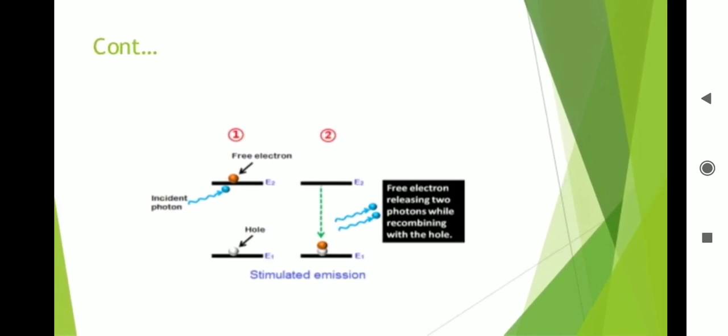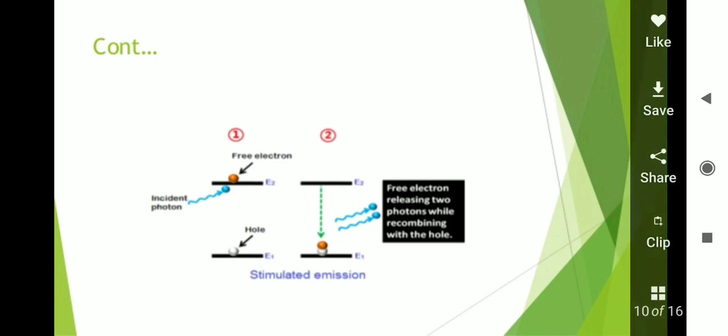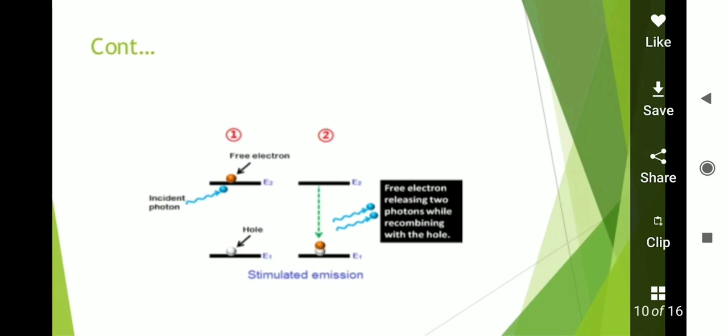Suppose after absorption the atom is present at a higher energy level. You can see in front of your figure, at the E2 side, the incident photon.